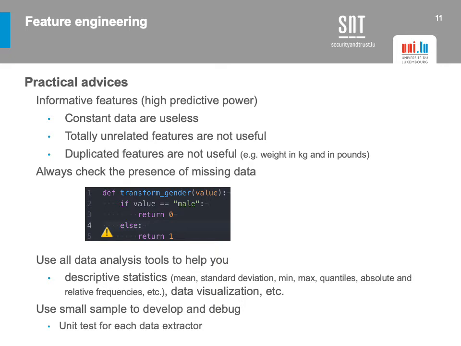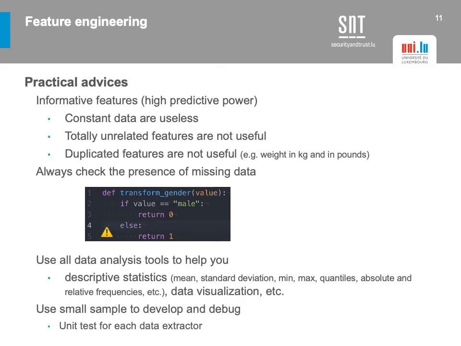I mean, if it's always equal to 1, it's not necessary to include this feature. Or if, for example, all the people in your dataset have the same diploma, it's not useful to add it. So constant features are not useful.